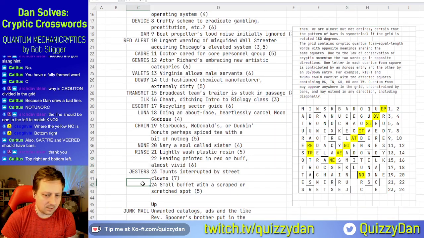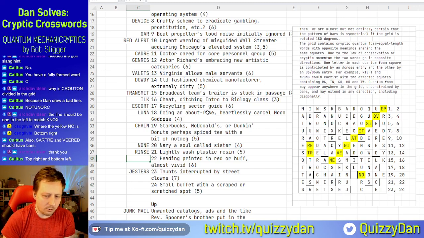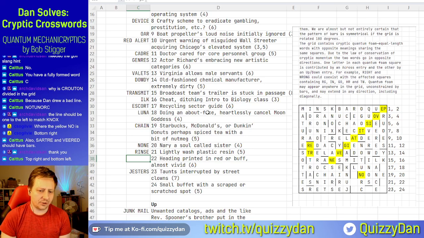There's 22 and 24. So this is 22, which is probably going to go backwards, I reckon. Heading, printed in red or buff, almost vivid. Vivid is neon. Heading. Course? Your course is your heading, isn't it?